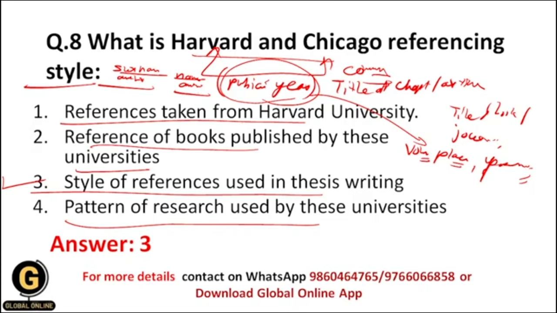And that's why Harvard and Chicago referencing style is the style of references that we use in thesis writing. So students, remember this referencing style, because this is a very common referencing style, and every year you will be asked a question on it. So you need to understand this and remember this.